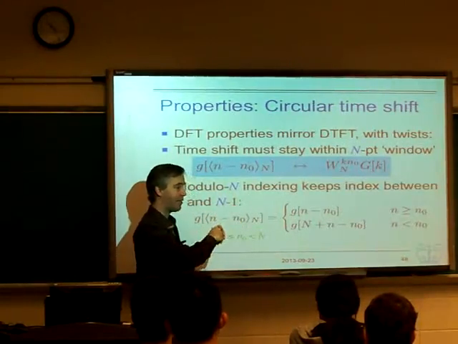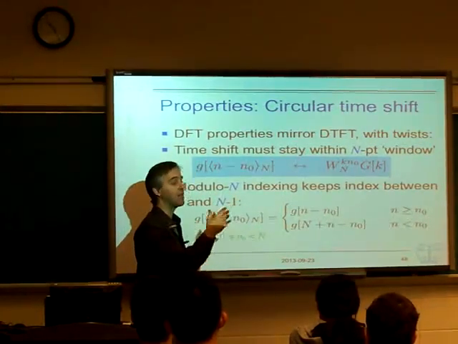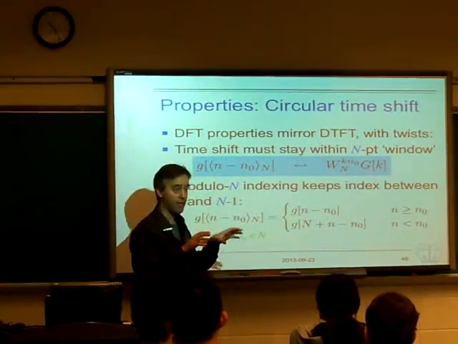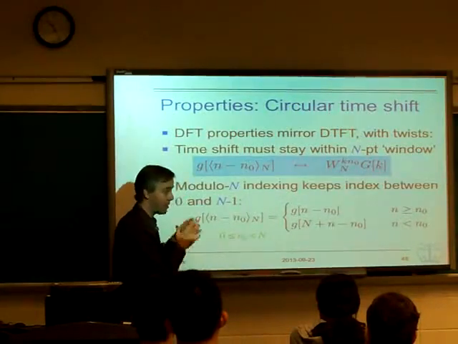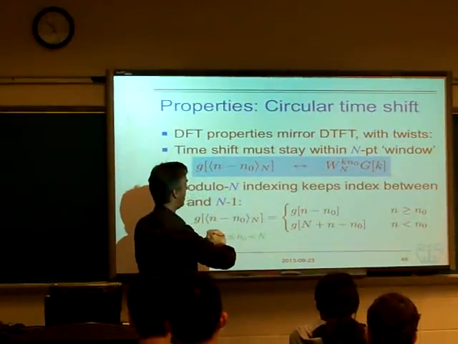Well, if I evaluate it and find the value I'm trying to get is outside the range 0 to big N minus 1, I just add or subtract multiples of big N until I get back into the principal range. That's what the modulo indexing does.